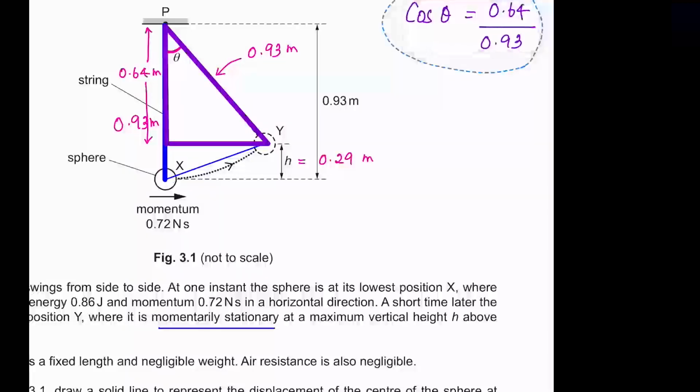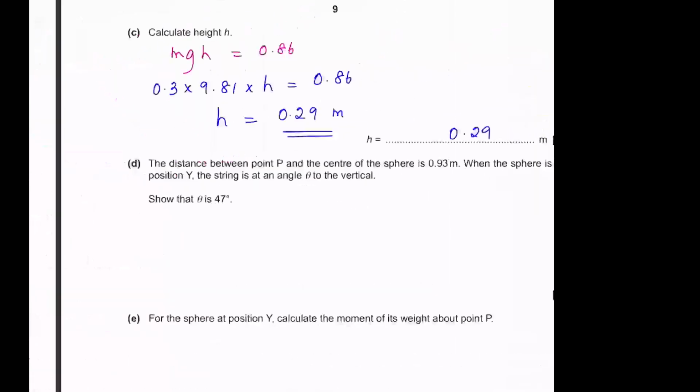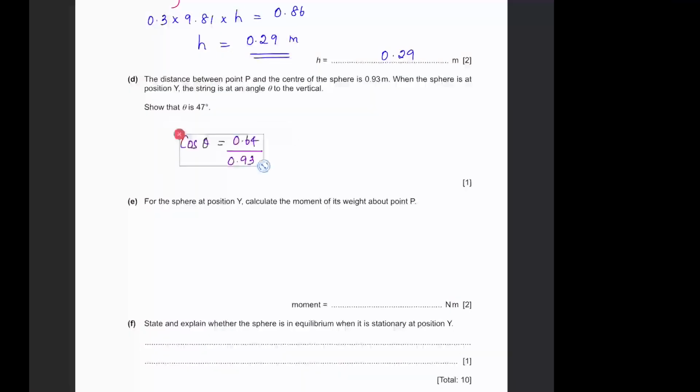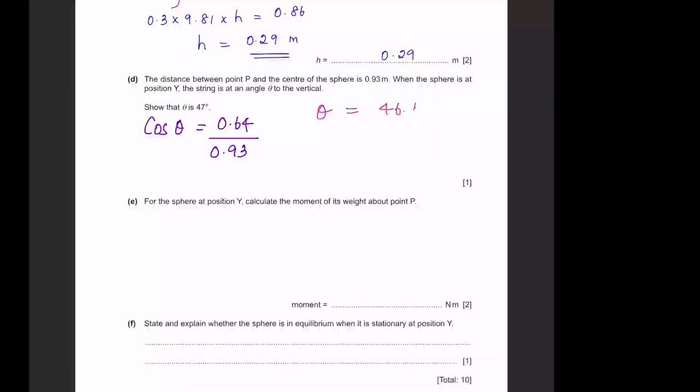Get the cos inverse, you are getting the answer. So theta equals cos inverse, 46.5. That is 47 degrees. That's the theta.